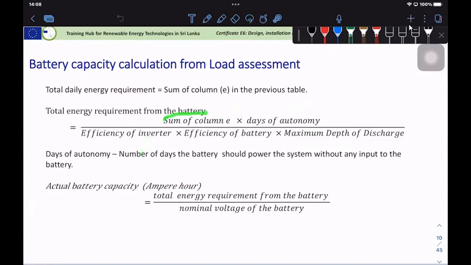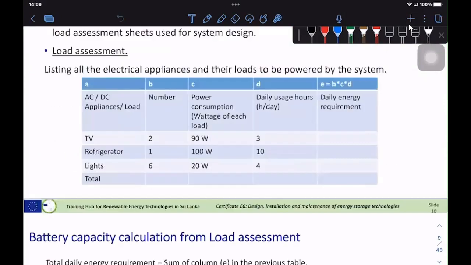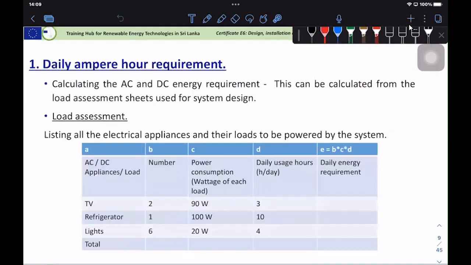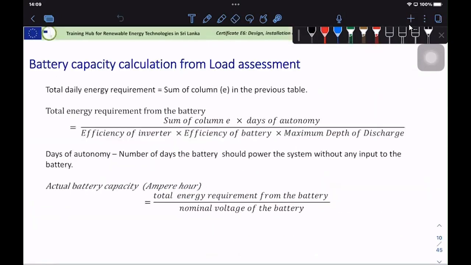One parameter is the sum of column E from the previous table. So we need to find this total. That is one parameter. And the next parameter is the days of autonomy. What do we mean by days of autonomy? We will have a look at each of these parameters in the upcoming slides.